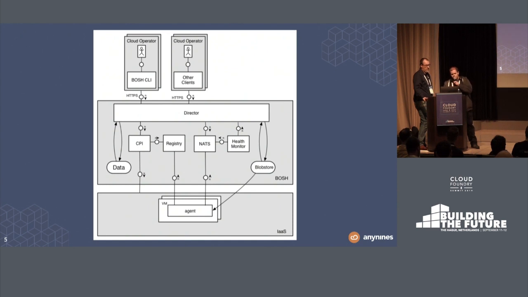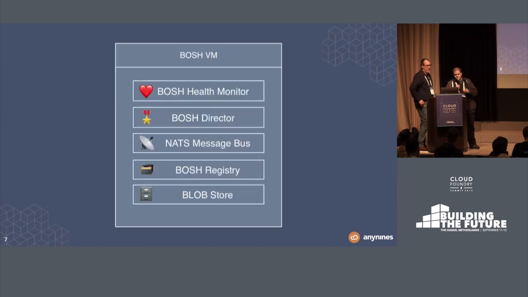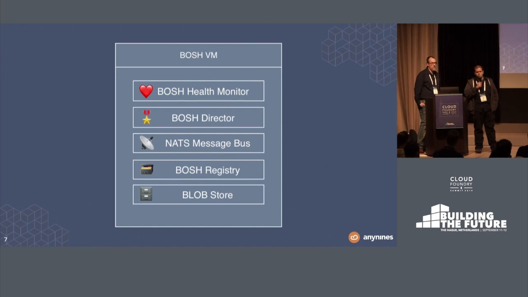Okay, so now we're going to go into the details of the BOSH environment, and we're going to look at different BOSH components in detail. First up is the BOSH Director. The BOSH Director itself consists of several subcomponents. First of all, the BOSH Director itself is the brain of the BOSH environment, and it issues requests towards VMs.